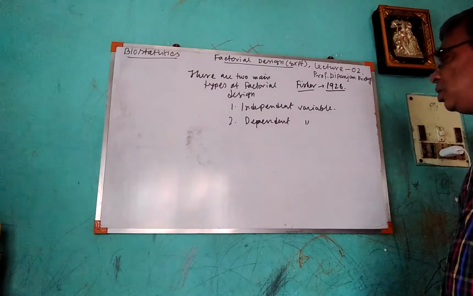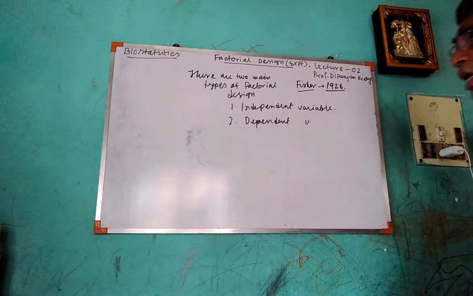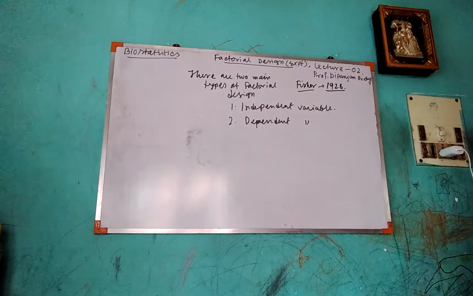Dependent variable means it depends upon the independent variable. This is known as dependent variable.